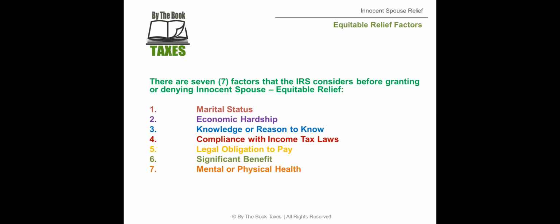And these factors can either be in favor of granting relief, be neutral, or be negative as far as granting relief. The one that I would put emphasis on is number 7, mental or physical health.